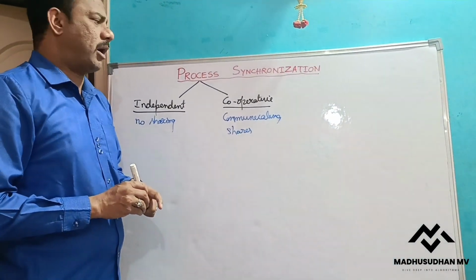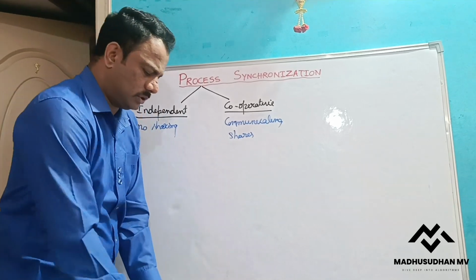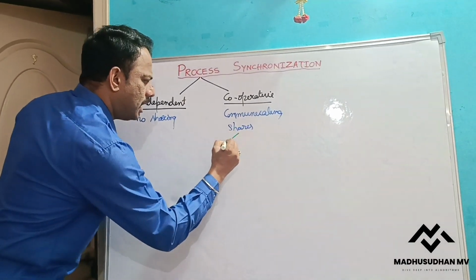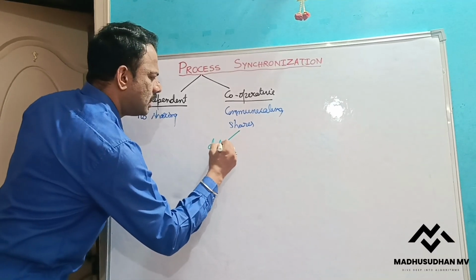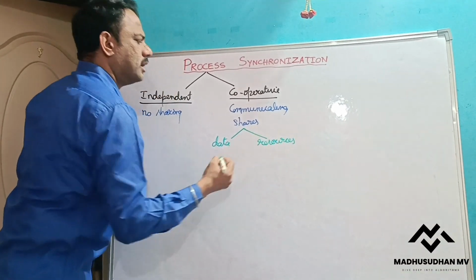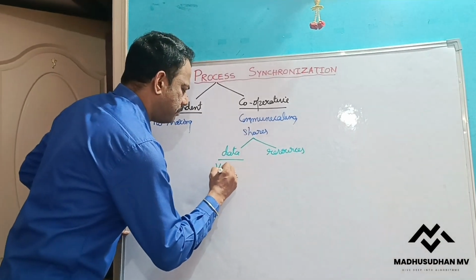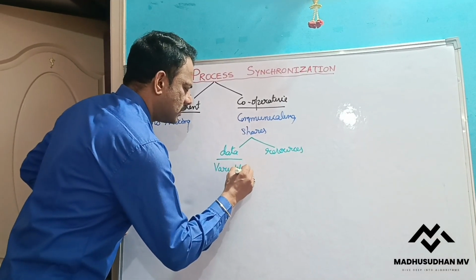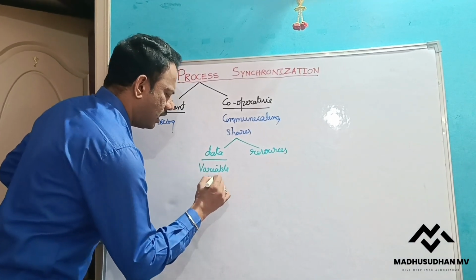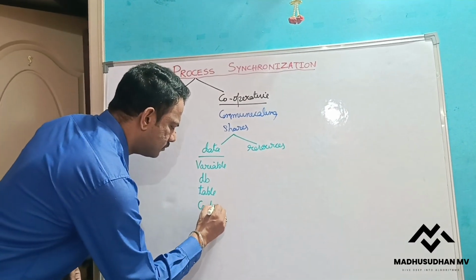What can two processes or two threads share? It may be some data or some resources. The data may be a simple variable, or some database or table, or some other data. Or it may be the code also.